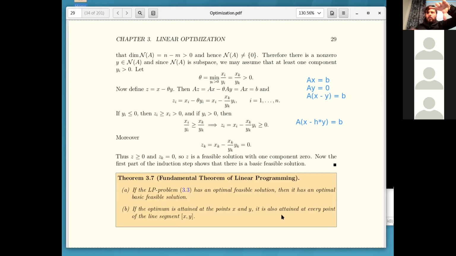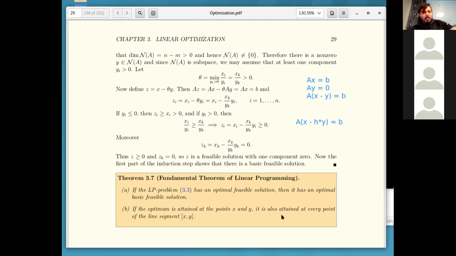So what we can do here is move along this axis until such a time as one of the components of x becomes 0. So let's say that here is the 0, here is the x-axis, and y becomes 0.